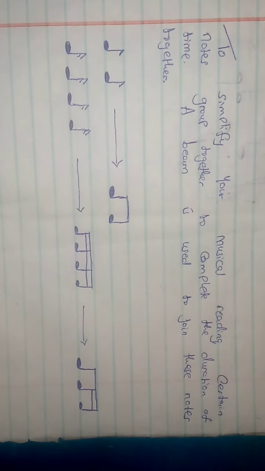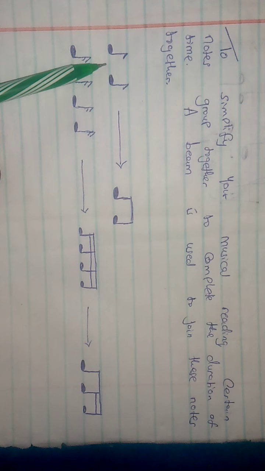To simplify your musical reading, certain notes group together to complete the duration of time. A beam is used to join these notes. For example, to beam two quavers, we use a single beam.